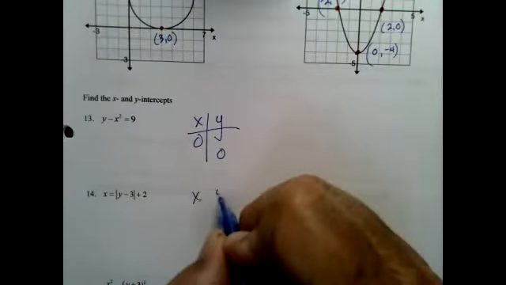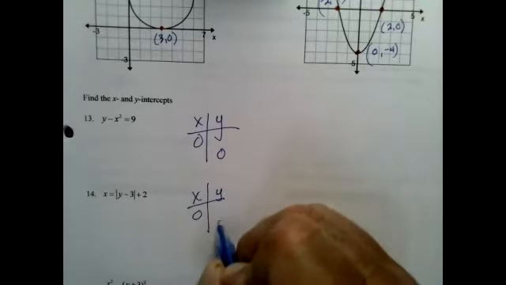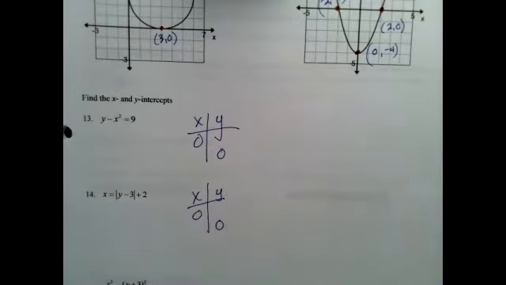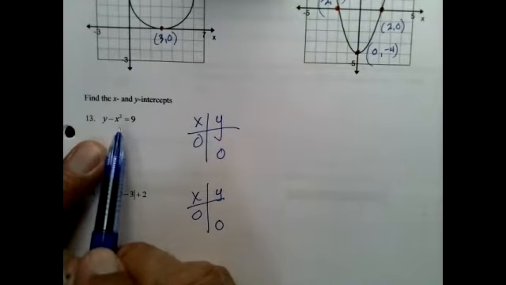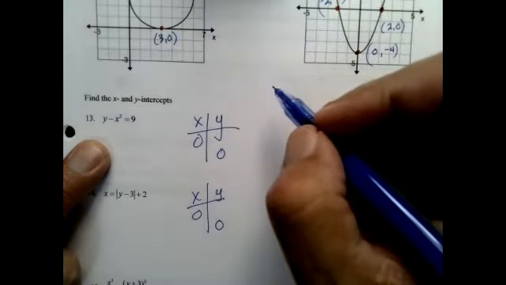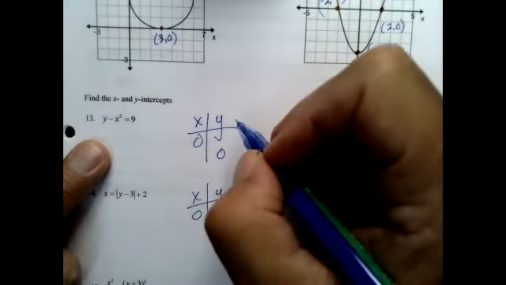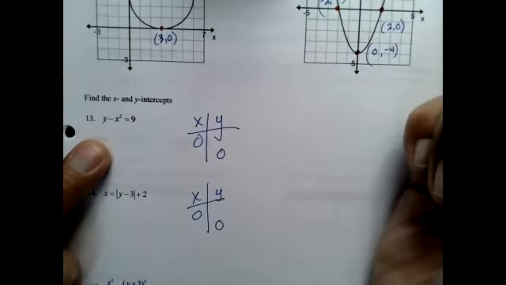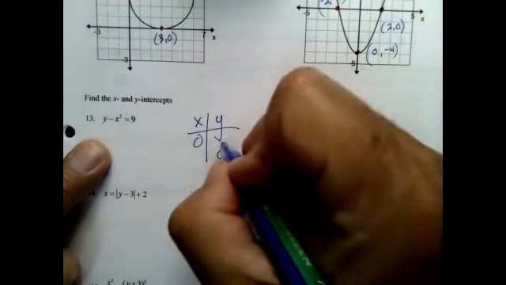I'm asking you to do this. If I put 0 in for x, what's y? 9.